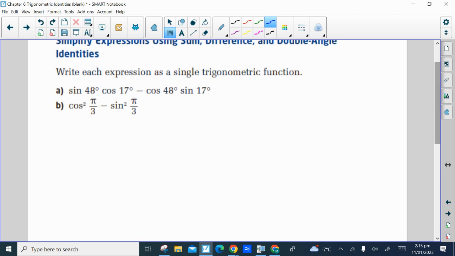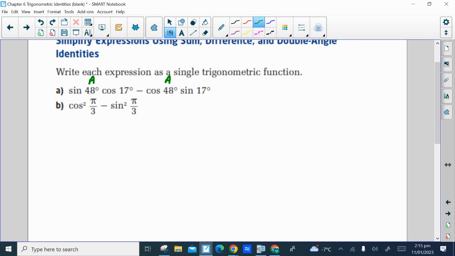But before we get there, again, one application of these is to simplify a trig function. And to do this, you just have to recognize the pattern. So this first example, you want to simplify this. It's sine 48 cos 17 minus cos 48 sine 17. We notice that there are some angles that are repeating.